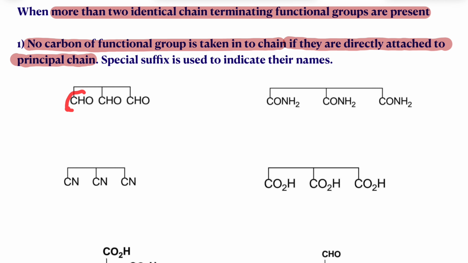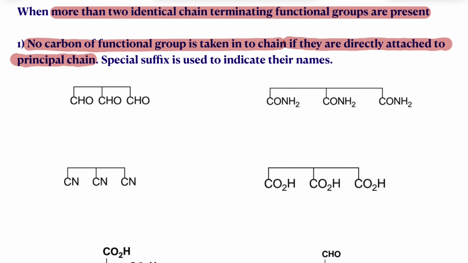All are important, this one, this one, and this one. This is directly attached to the principal carbon chain. We can take this one and this one in the longest chain, but simultaneously this carbon cannot be taken into the longest chain. We also cannot name this group as a prefix because all are equally important.